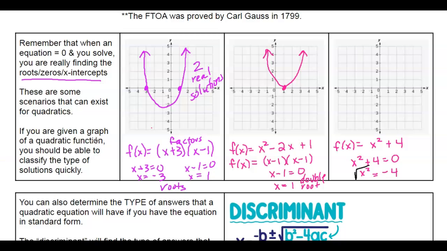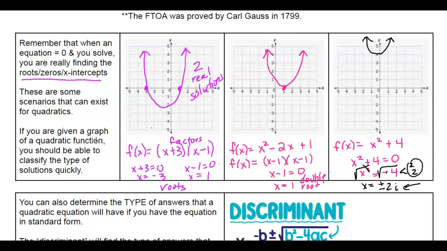Then I can take the square root. So I get x equals plus or minus. Well, I have a negative here, so I get i. And 4 breaks down into 2 times 2, so there's a double. So I get plus or minus 2i. And so what happens is, since this is imaginary, this is a real axis, so I'm not going to see this cross anywhere. So we end up with a parabola that doesn't ever cross the x-axis.